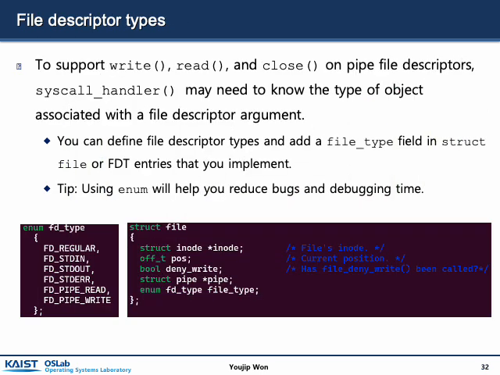As I said before, your exec function should automatically detect whether the file descriptor is related to a pipe file. To implement this, we highly recommend you declare new fd types, for example called fd pipe read and fd pipe write. For each file descriptor, you can set the associated fd type, and by using this fd type you can detect whether the file descriptor is related to a pipe or not.